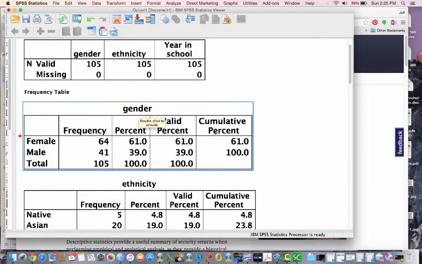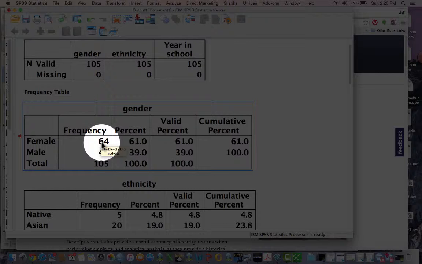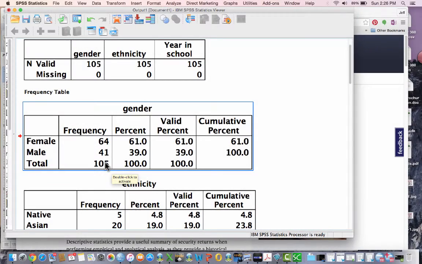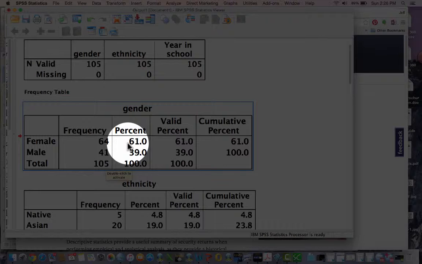Of those, we only use the frequency and the percent. In the column of frequency, you will see that the female has 64 participants, and the male has 41, equaling 105, the same as it was in the statistics. That was the total number of participants. In the percentage area, the females had 61% and the males had 39.